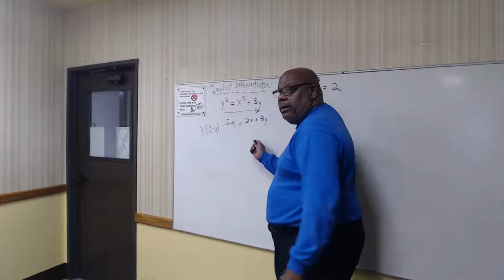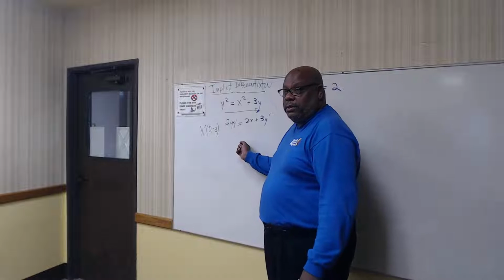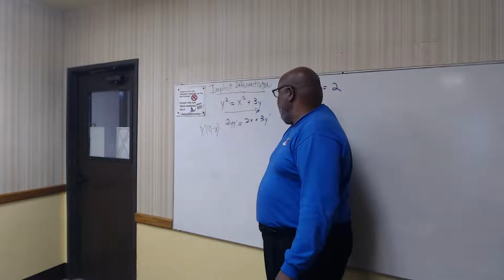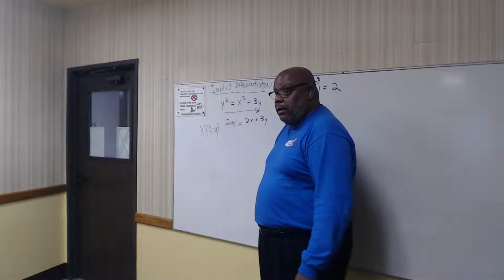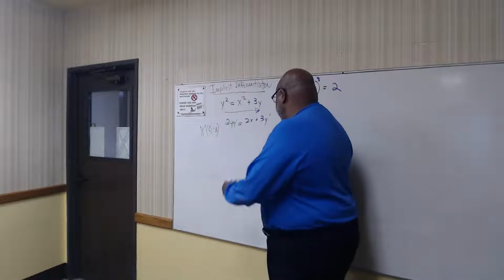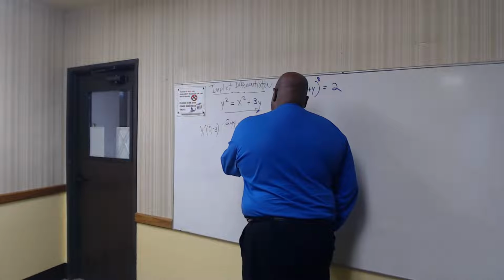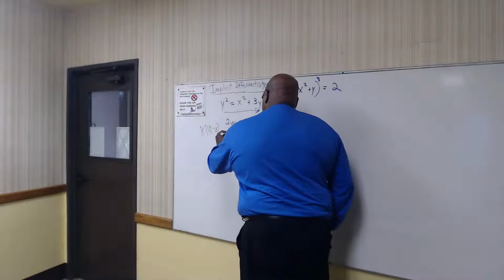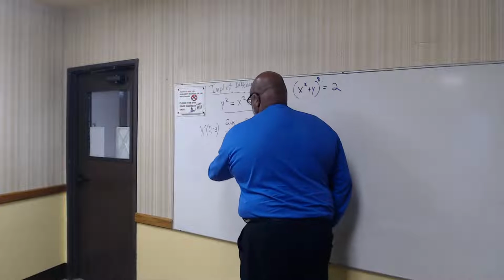So once you get here, it's just a question of manipulation, isn't it? How might we manipulate this, Jordan? You can subtract the 3y prime from this. What does it give us over here?